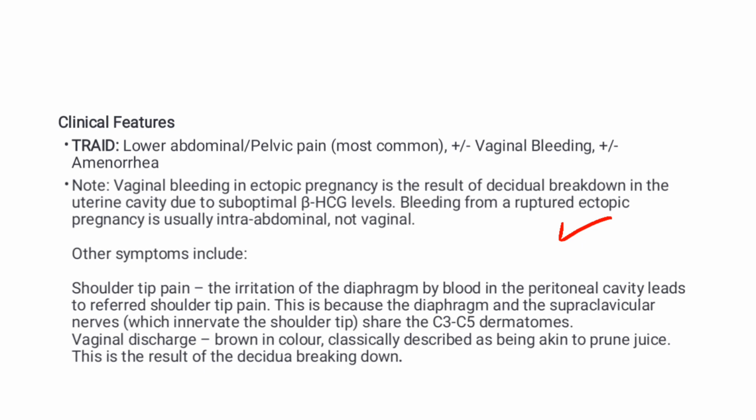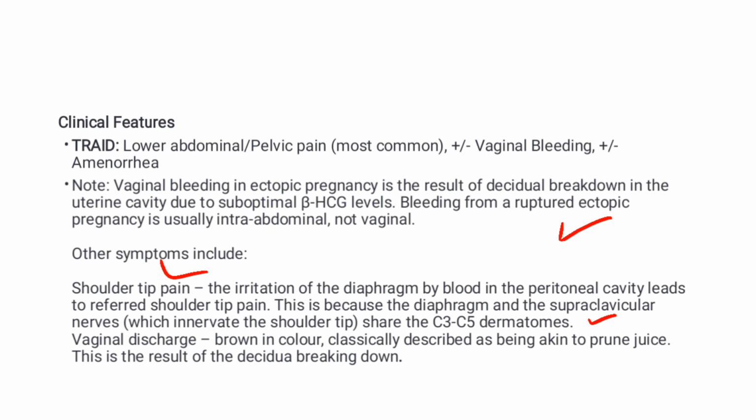Okay, then other symptoms, of course, we have shoulder tip pain, which is just the irritation of the diaphragm by blood in the peritoneal cavity that leads to referred shoulder tip pain. This is because the diaphragm and the supraclavicular nerves, which innervate the shoulder tip, share the C3 to C5 dermatomes.